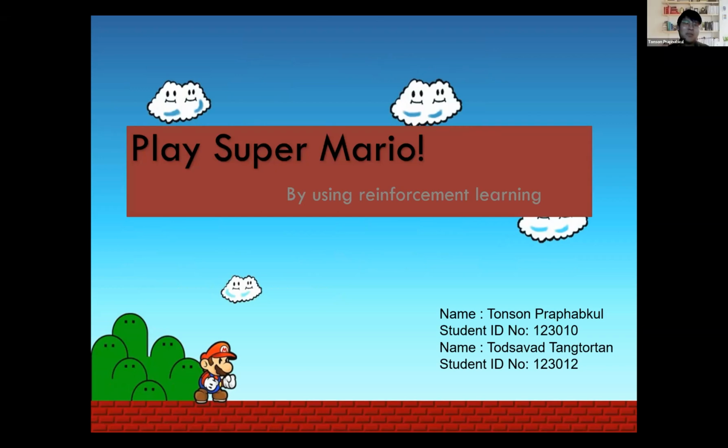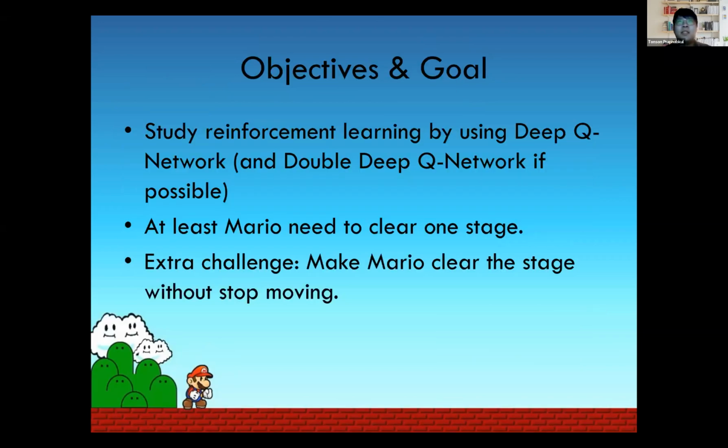So actually our group project is very simple. We decided to use reinforcement learning to train an agent to play Mario. Our objective is very simple: we want to study reinforcement learning by using a deep Q network or maybe a double deep Q network.